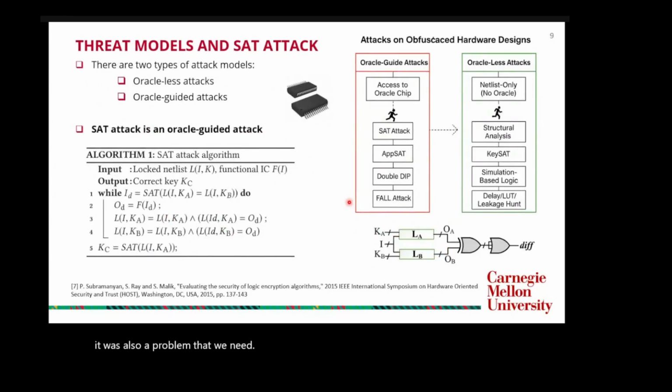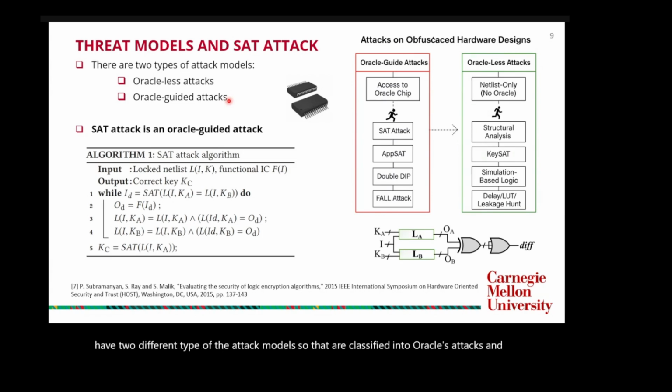After that, we have another technique, which was strong logic locking. Before I start defining some other terminology, we have two different types of attack models, classified into oracle-less attacks and oracle-guided attacks.